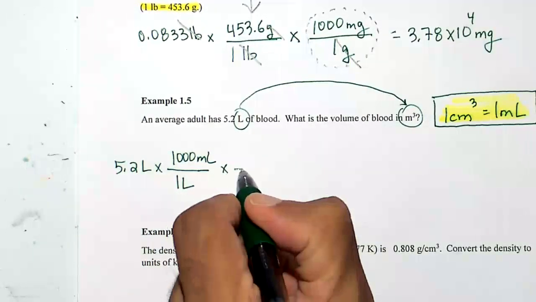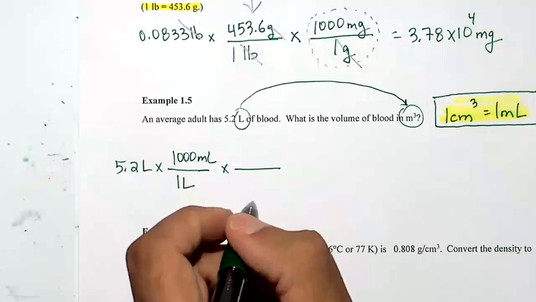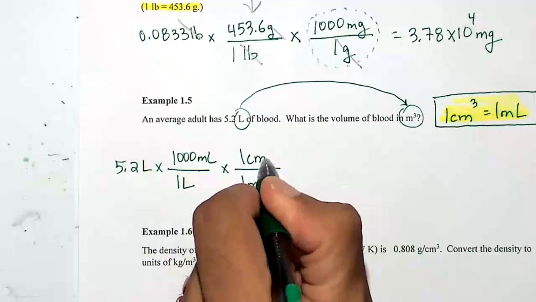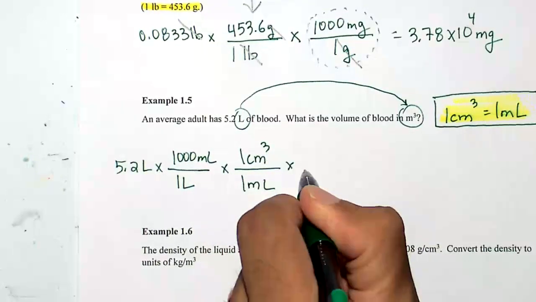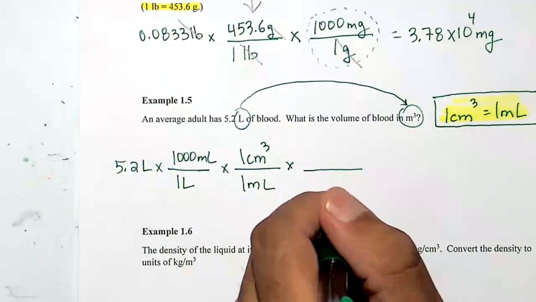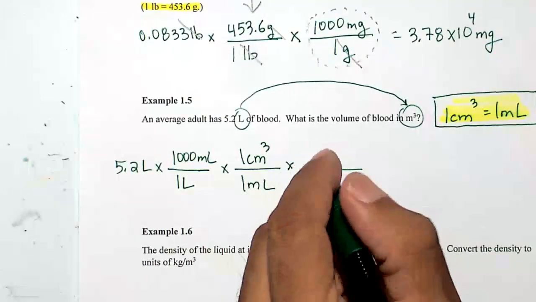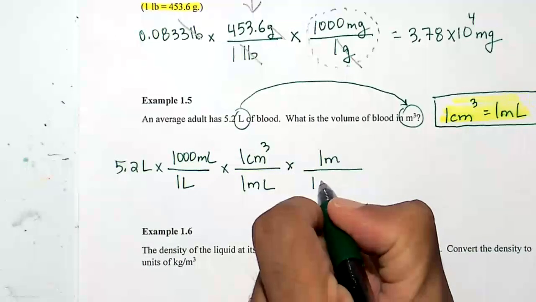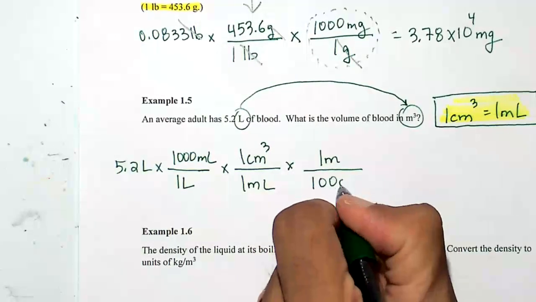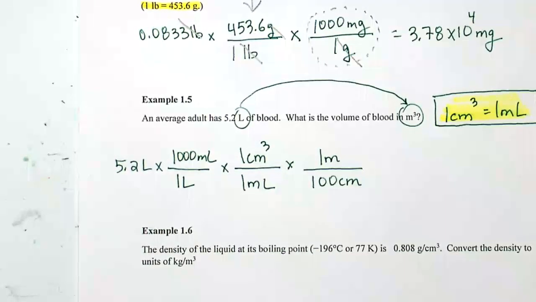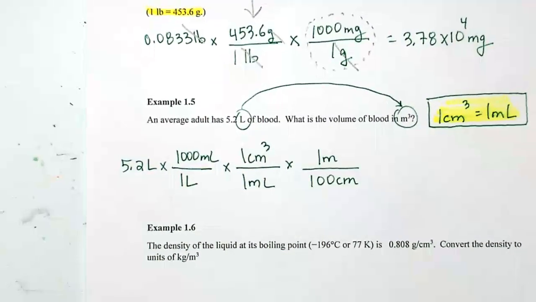Milli is 1,000. 1 mil is 1 centimeter cubed, something I'll give you. And then, anybody know meters to centimeters? 1 meter is 100 centimeters. Centi means 100.